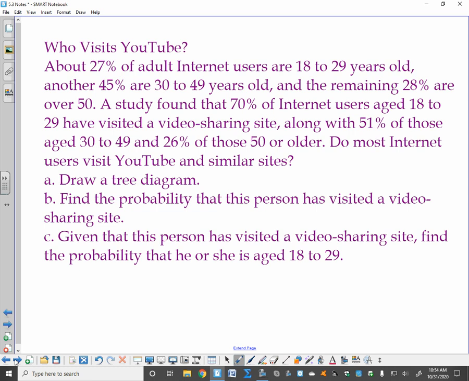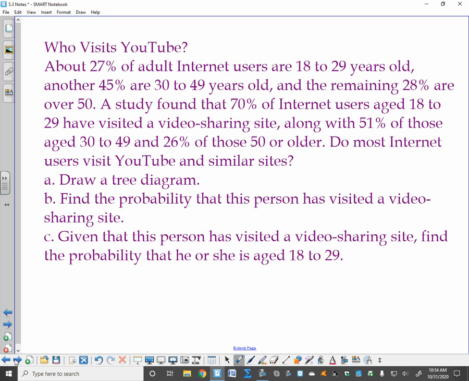Given that a person has visited a video sharing site, find the probability that he or she is aged 18 to 29. Now, with the tennis problem, it was made his first serve and then won the point. Like, there were two very specific, and I call them events, very specific consecutive events.